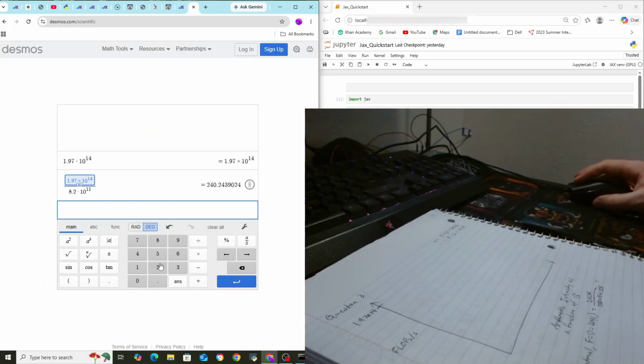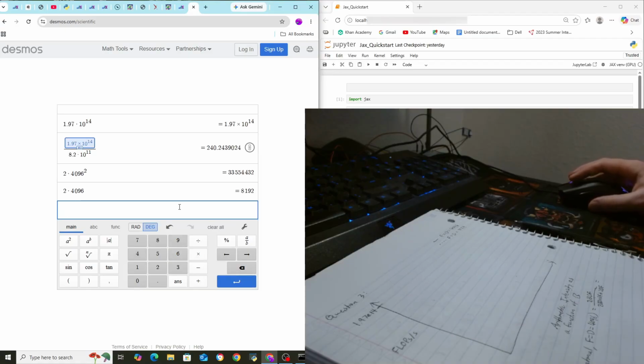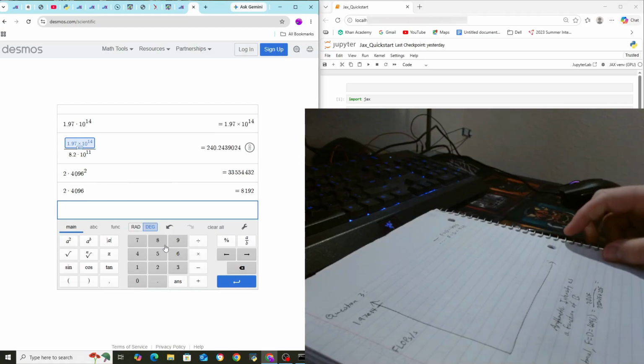Instead of writing the full thing out little by little, let's just go on Desmos here. Let's do 2 times DF, which is 4096 squared. Let's also do 2 times 4096, that'll be our coefficient for BD here.